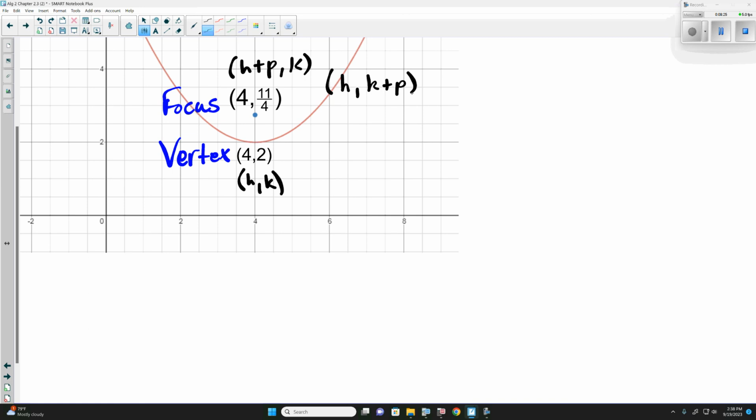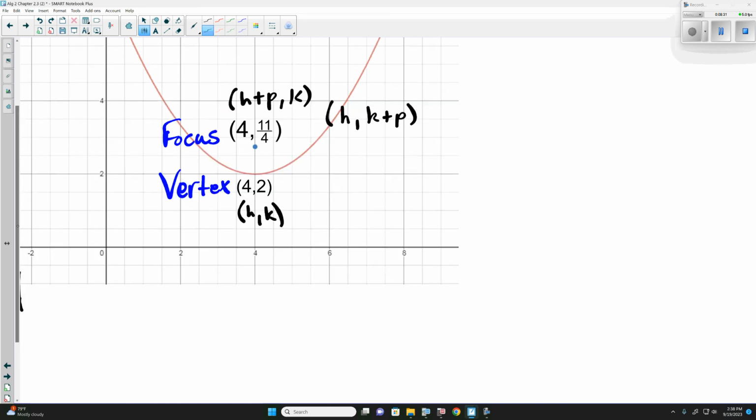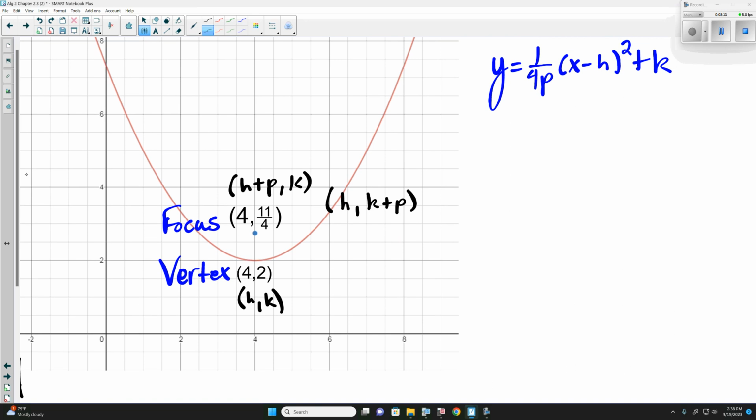Now, looking at the point they gave us, the vertex is telling us that the value of h is what? 4. And the value of k is 2, yes? Vertex, h comma k, 4 comma 2. So h is 4, k is 2. We know that those are true, yes?